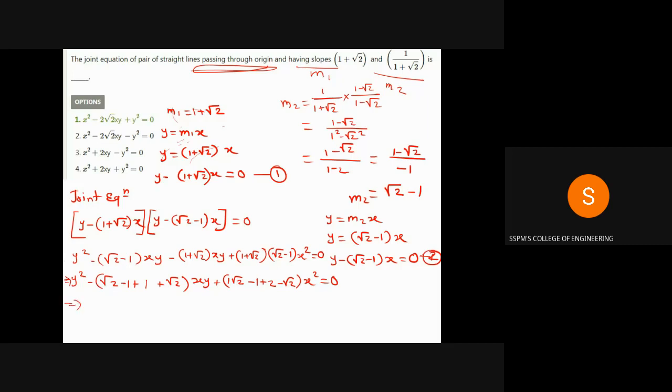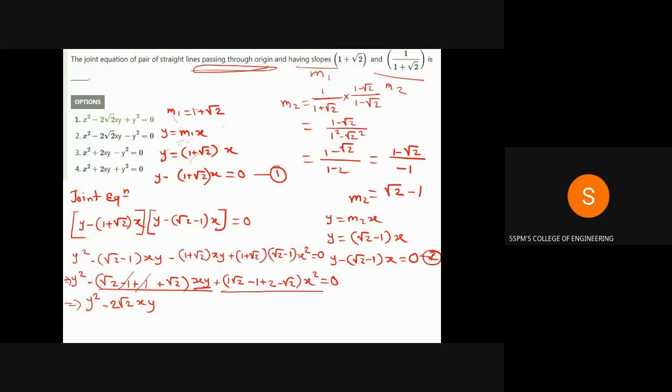Okay, what will be the next step? If we solve this, we get y square minus 2 root 2 xy. See this, this is the coefficient of xy, and this is the coefficient of x square. Now we will solve this: minus 1 plus 1 will get cancelled, so root 2 plus root 2 is 2 root 2, therefore minus 2 root 2 xy.